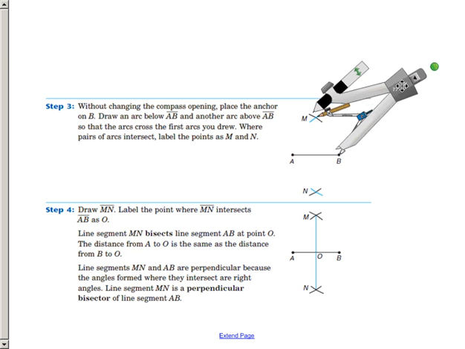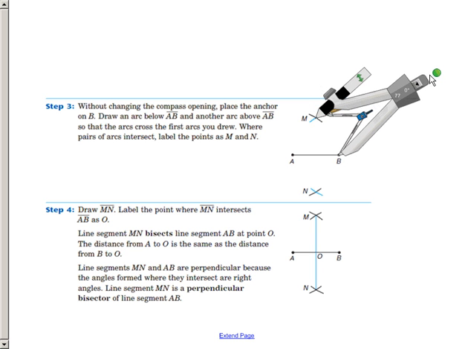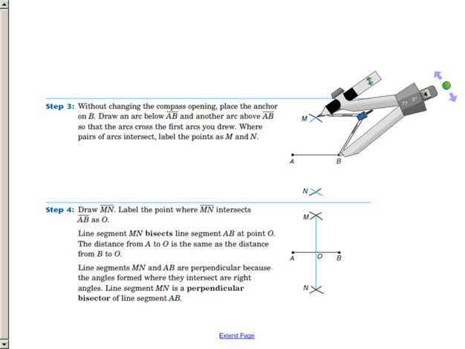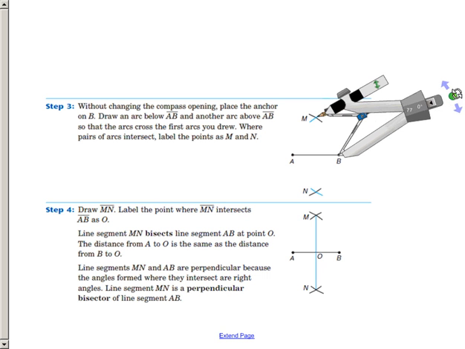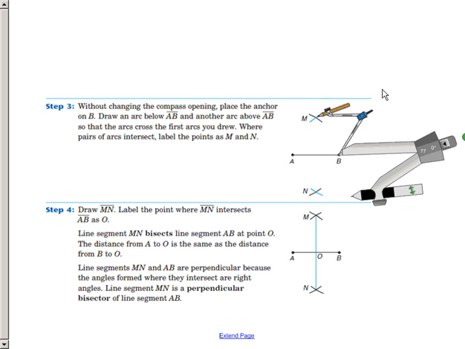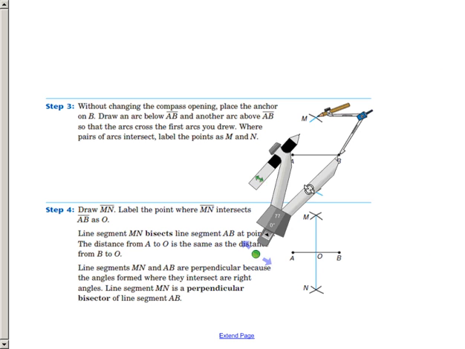I'm going to put my anchor on B, and then I'm going to cross, so I make an X there, all right? And I'm going to do the same thing at the bottom. I'm going to cross so that I've got that X.